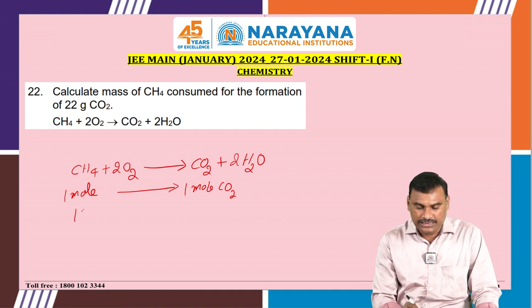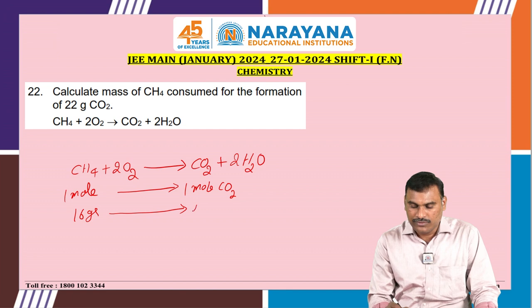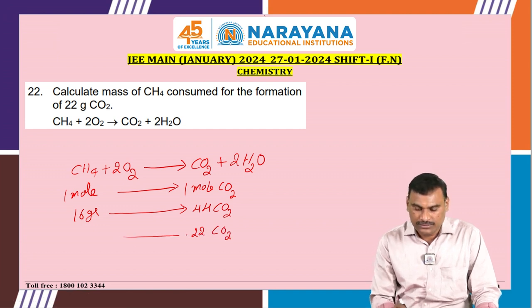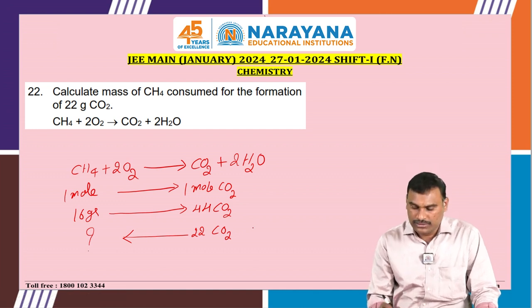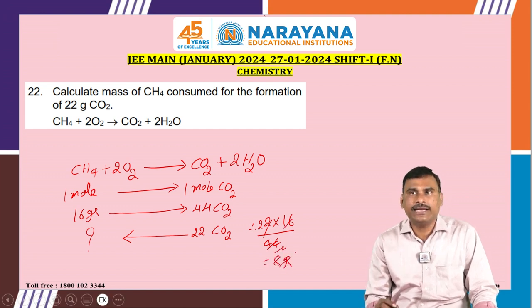That is, 16 grams, 1 mole of methane, can produce 44 grams of carbon dioxide, but 22 grams of carbon dioxide only was formed. So how much methane is consumed? 22 into 16 by 44, that is 8 grams.